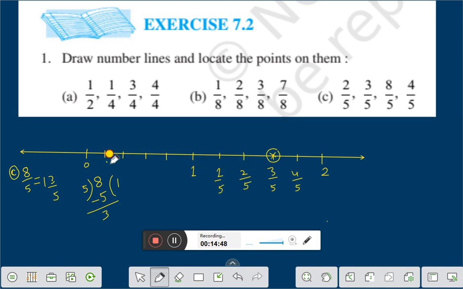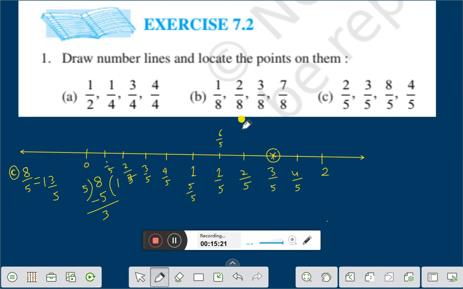This is 2 by 5. This is 3 by 5. This is 4 by 5. And this 1 is equal to 5 by 5, right? 1 equal to 5 by 5 means 1. This can be represented as 6 by 5.